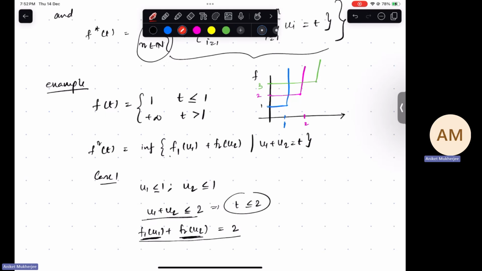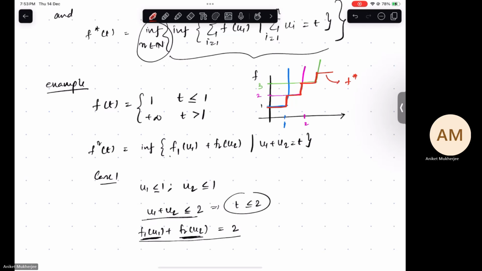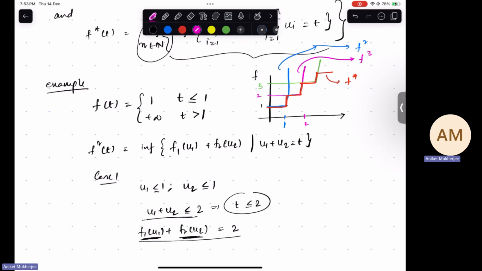So the minimum of all of this would give you the lower closure. So this red line is the Kleene star operator on F or the subadditive closure of F, right? These all other colored things are F2. This is F3. This is F4. Okay.